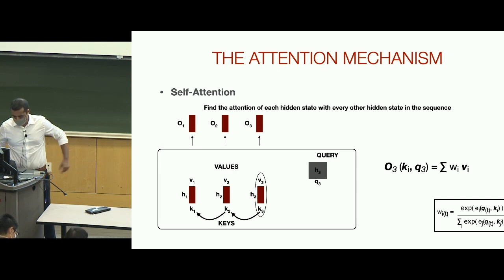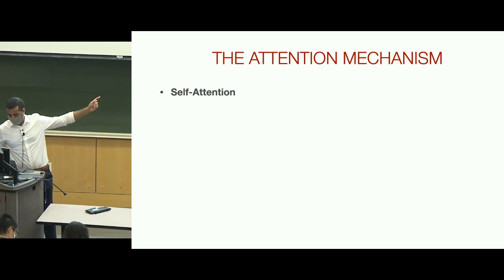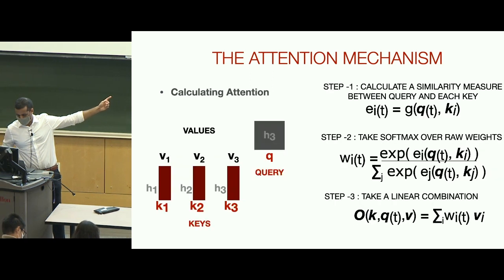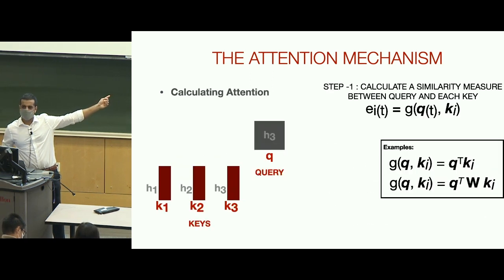Yeah, and I guess that's why we also have learnable parameters in there. But you're right, it should be the most similar to itself and not the other ones. But we normalize it.